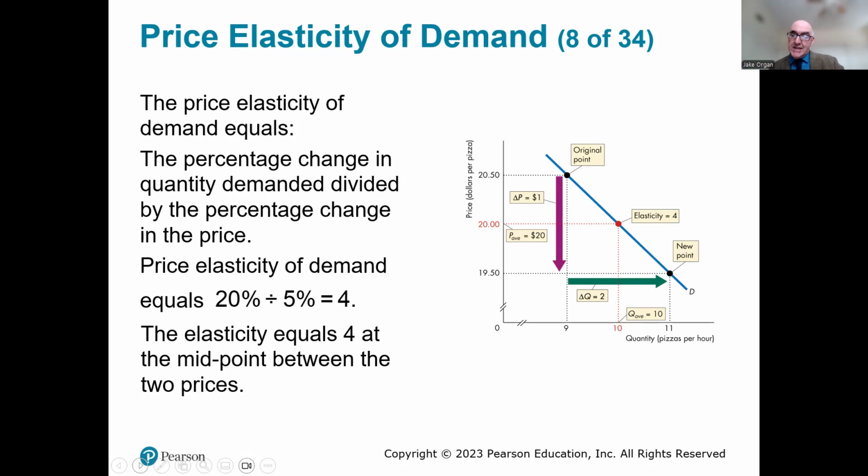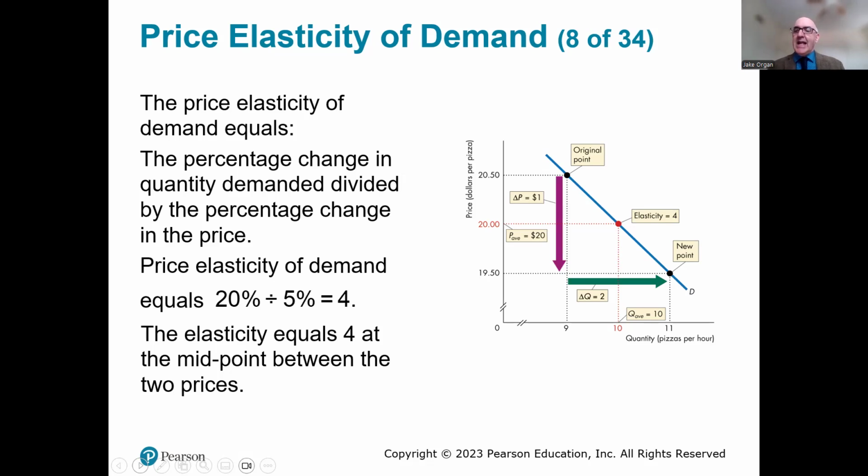Because if you think about it, that's a pretty small drop in price. It's only $1. But now there's an extra 2 pizzas where there was originally only 9. So that's quite a big change in quantity demanded. So the elasticity is 4, and as we'll see later on, it's actually -4.